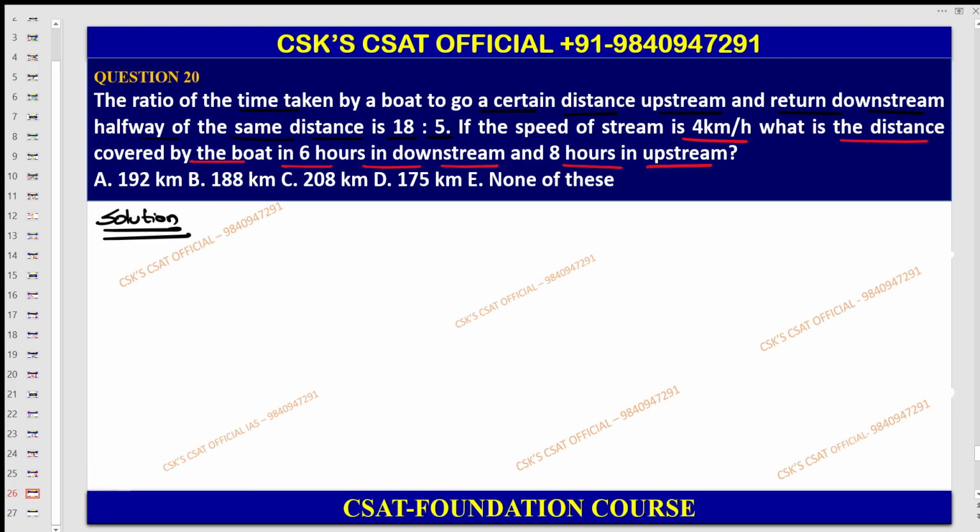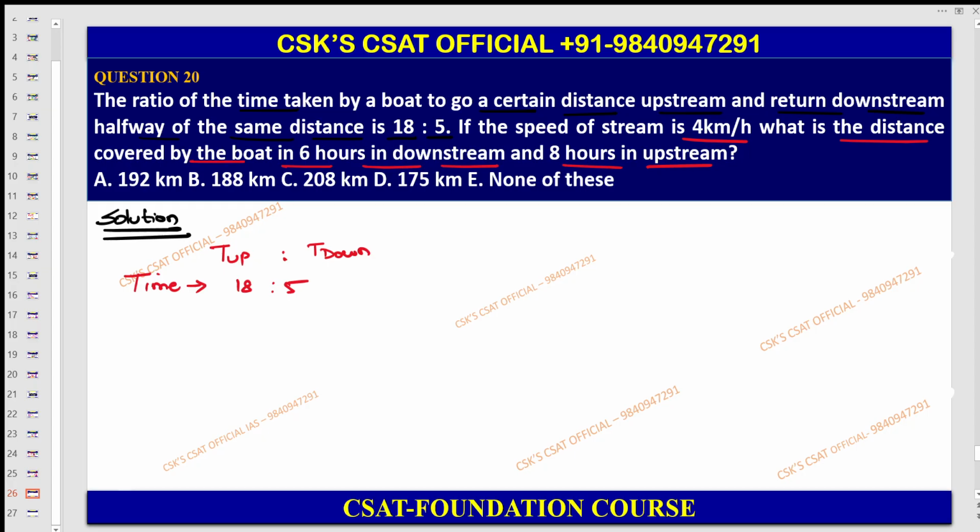So what has been provided here? The time ratio provided is the time for the upstream to the time for the downstream, and that ratio is 18:5. Another thing is also provided here.